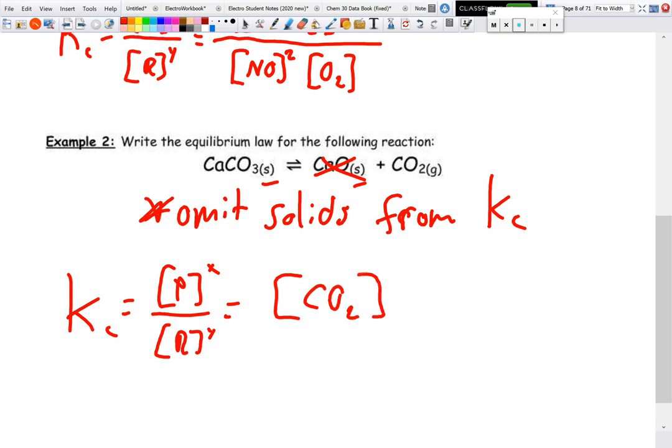If we knew the concentration of that, we can solve. Now the molar coefficient is 1, so we put a coefficient 1 up above, and of course over our reactants, our reactant is a solid, so that is it. So the equilibrium law for this right here is just going to be the concentration of CO2, and that is it.